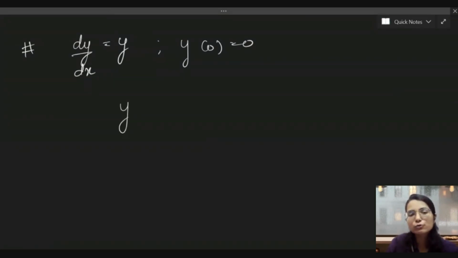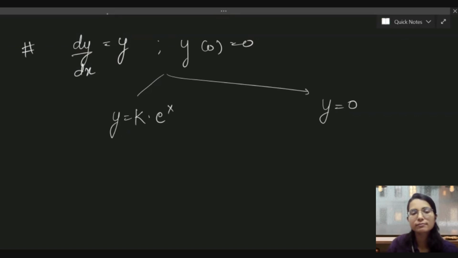Now I could also find its solution in two ways. One was y equal to 0, as you saw, and one was y equal to k times e to the x, right?